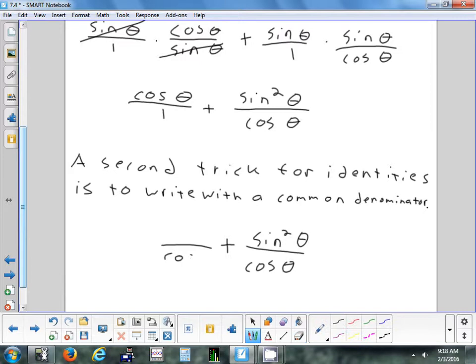So we want to have a denominator of cosine, so multiply top and bottom by cosine. Now you've got the common denominator in the bottom. What does the top become? Cosine squared.